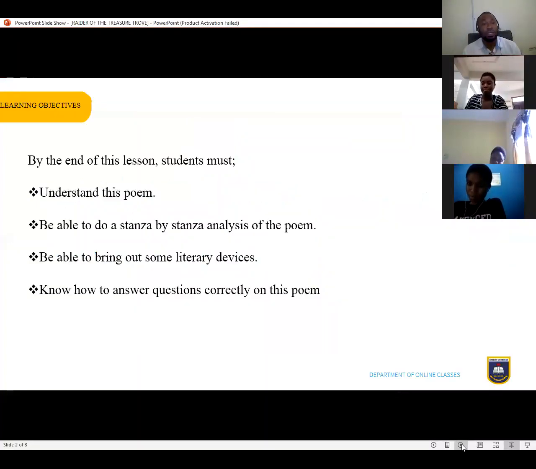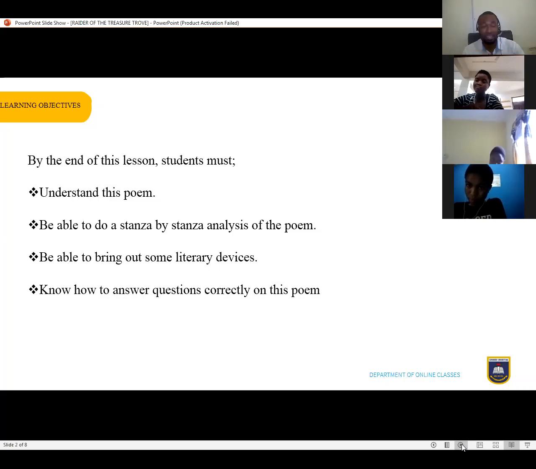Okay, so let's first and foremost look at the learning objectives, what we are supposed to get by the end of this lesson. One, you must be able to understand the poem. Two, you should be able to do stanza by stanza analysis of the poem on your own.